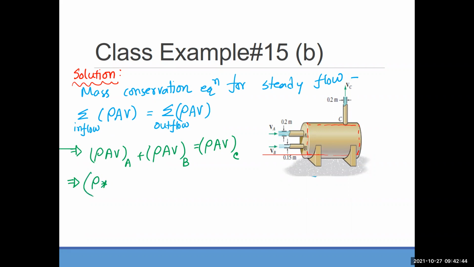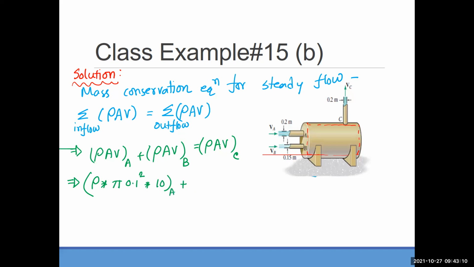Can you calculate the area of the A? Is there any way you can calculate? Pi. Yeah, pi d square over 4 or pi r square, right? And what is the V A? 10. Okay.